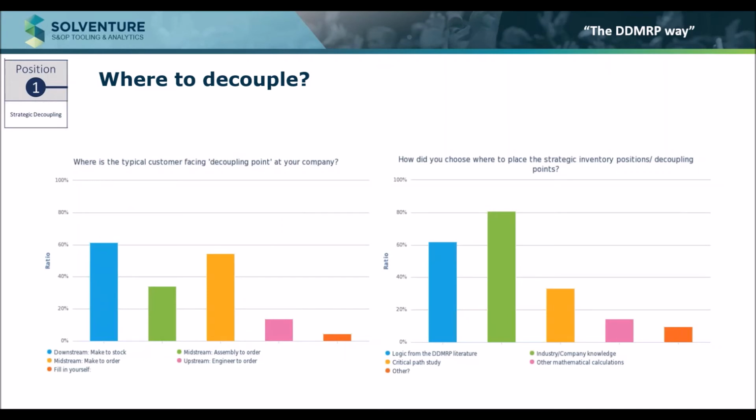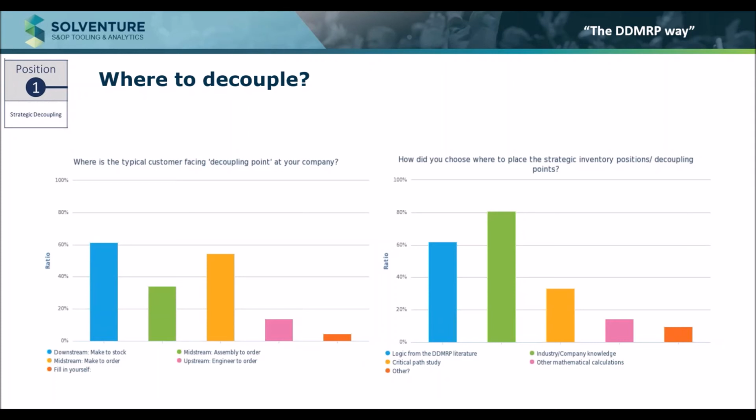So the first questions that I asked to the audience of my research were, okay, where are your typical decoupling points? And in fact, amongst the people that gave their input, it was quite spread. It was not just one type. So you can see that the people were from different industries.